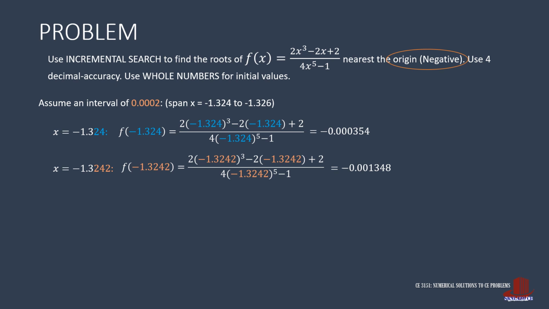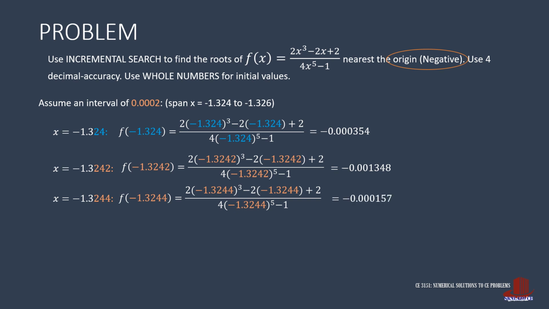0.001348. Work on another increment with the function having 2 of negative 1.3244 cubed minus twice of negative 1.3244 plus 2 all over 4 of negative 1.3244 raised to 5 minus 1, which is equal to negative 0.000157.